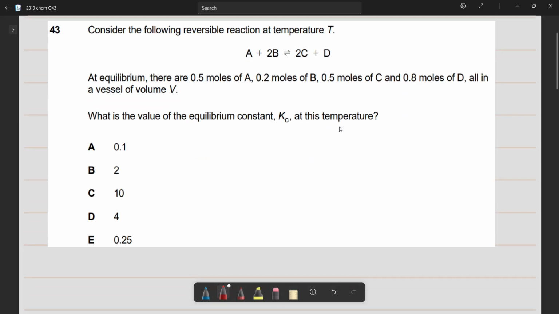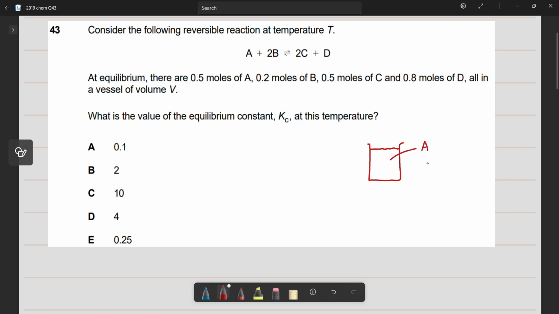V. Okay, so now we have to consider the most important thing that, for instance, we have this container, okay, and this is a solution. So we have all these A, B, C, and D, which represent the chemical species that are reacting and forming the reversible reaction.